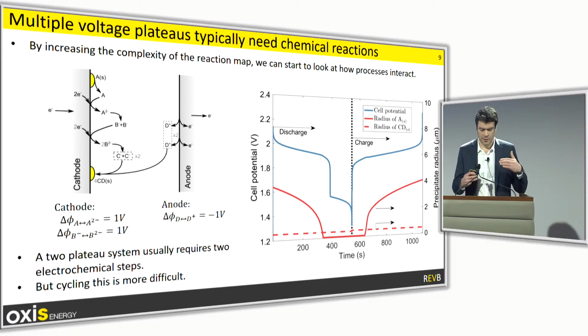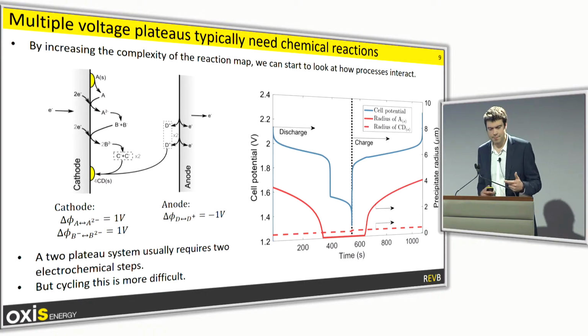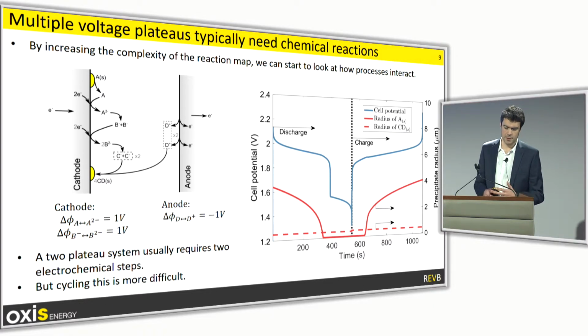In this case, we get a very clear two-step voltage profile, one at about 1.9 volts, one at about 1.5 volts. But what's interesting here is that this isn't really because of the electrochemical reactions, because both of the reduction potentials we just said are equal. It seems to be more related to the chemical step, this first dissociation reaction, which seems to act as a bottleneck in this case, causing the difference in the voltage.